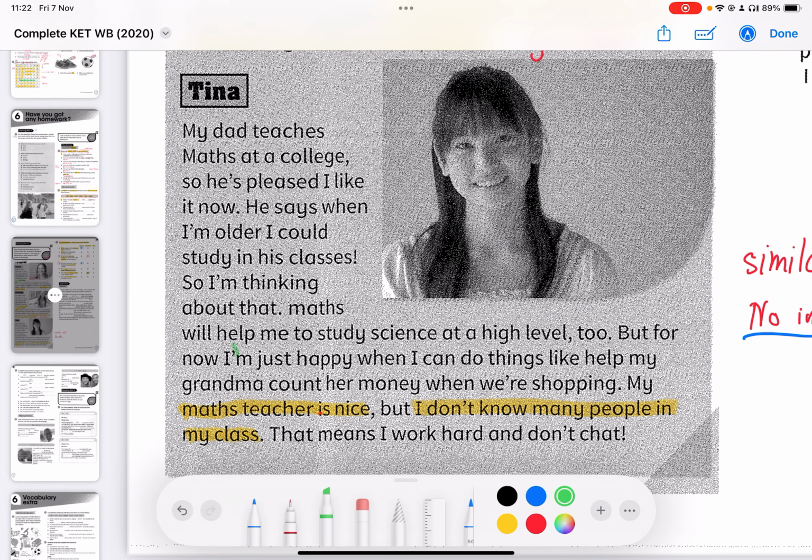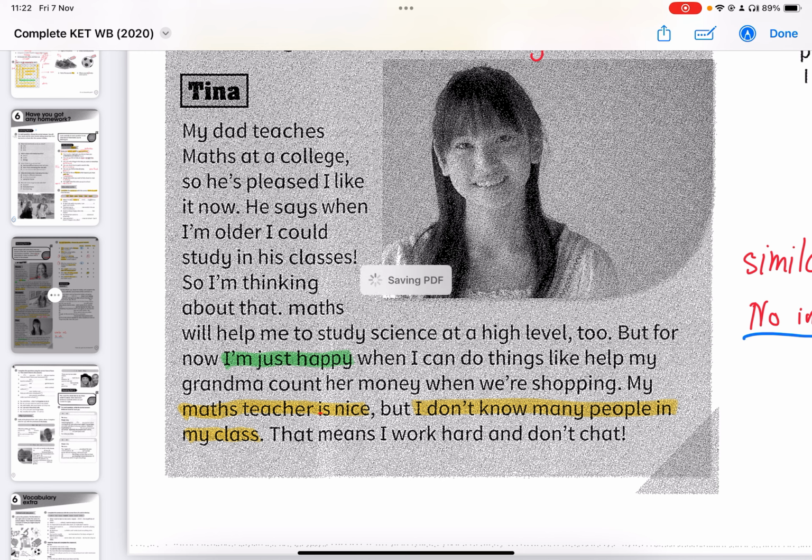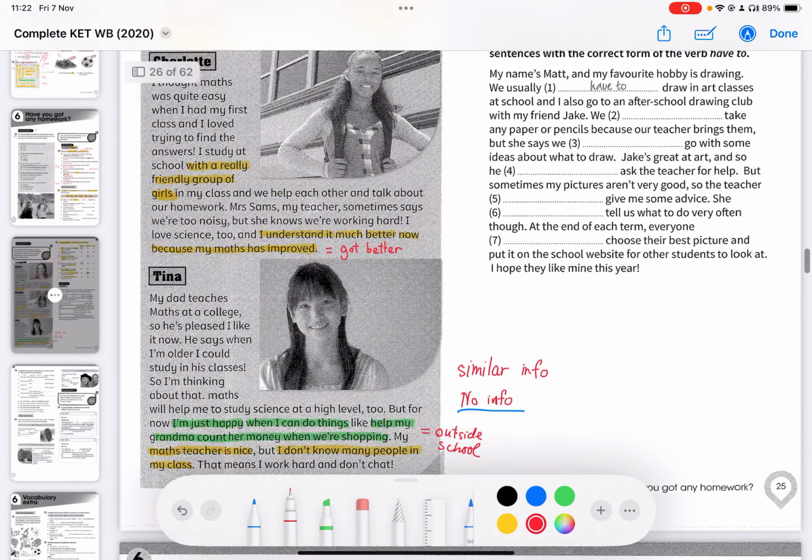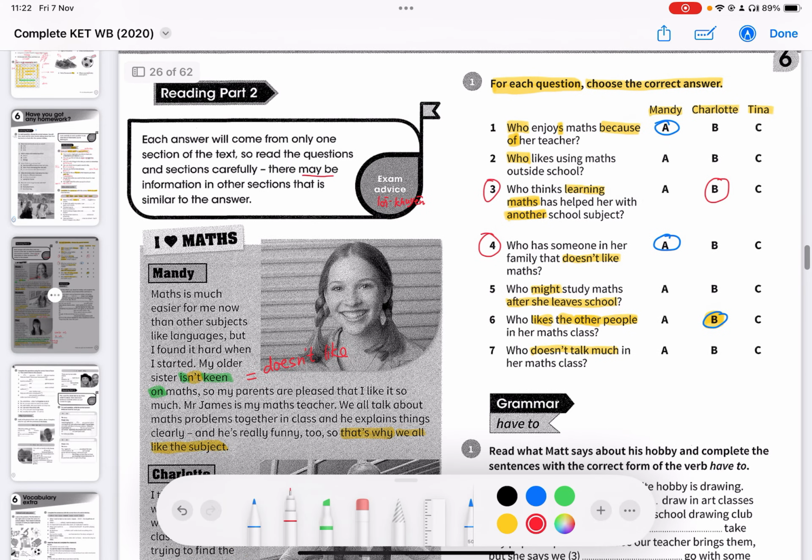But for now, I'm just happy when I can do things like, ví dụ như, help my grandma count her money when we're shopping. So this is when they are shopping, it means outside, ở bên ngoài, outside school. Yes, so we've got it here. It is Tina.